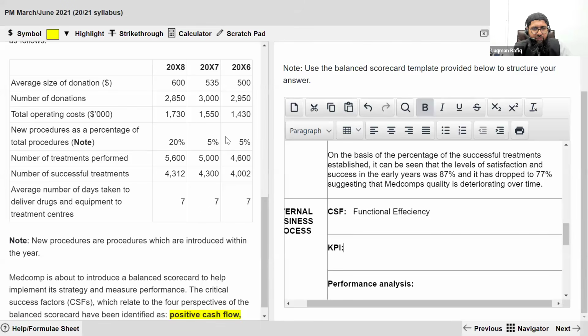Based on the available information, a percentage of procedures carried out, how would you calculate that?